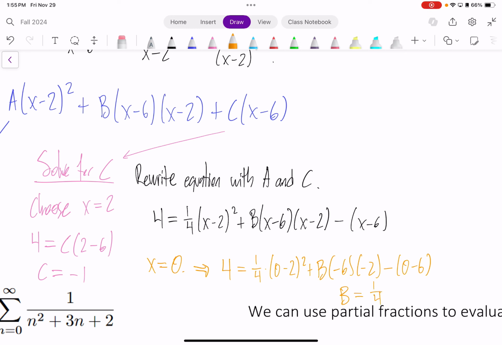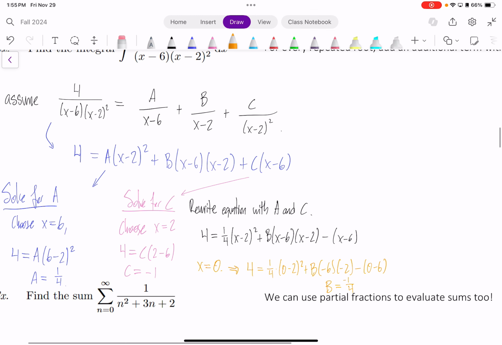So if we run that, b should be equal to 1/4, right? Actually, I'm just going to check this online. Yeah, b is equal to -1/4.